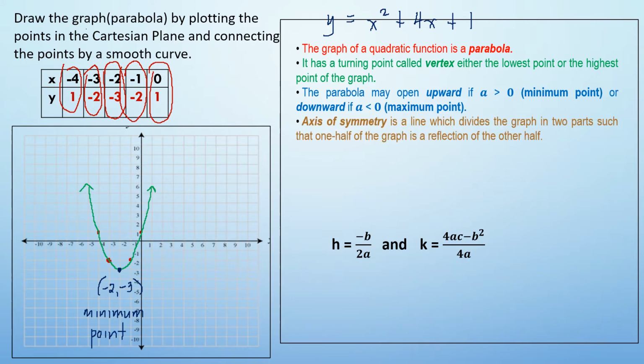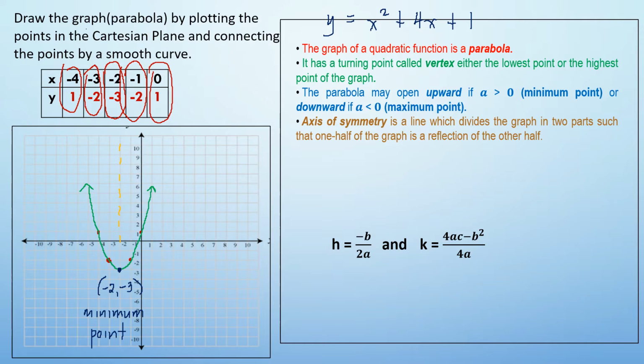Axis of symmetry is a line which divides the graph into two parts, such that one half of the graph is a reflection of the other half. So how do we show the axis of symmetry in our graph? The axis of symmetry is x is equal to -2.